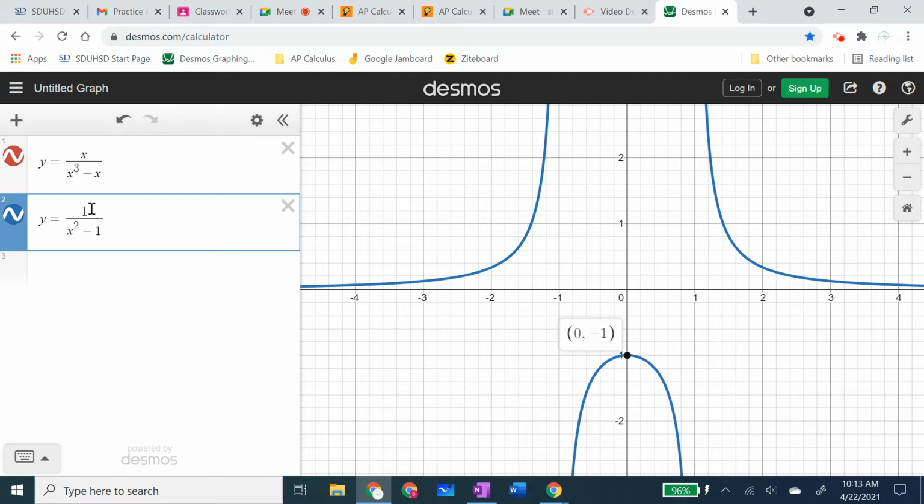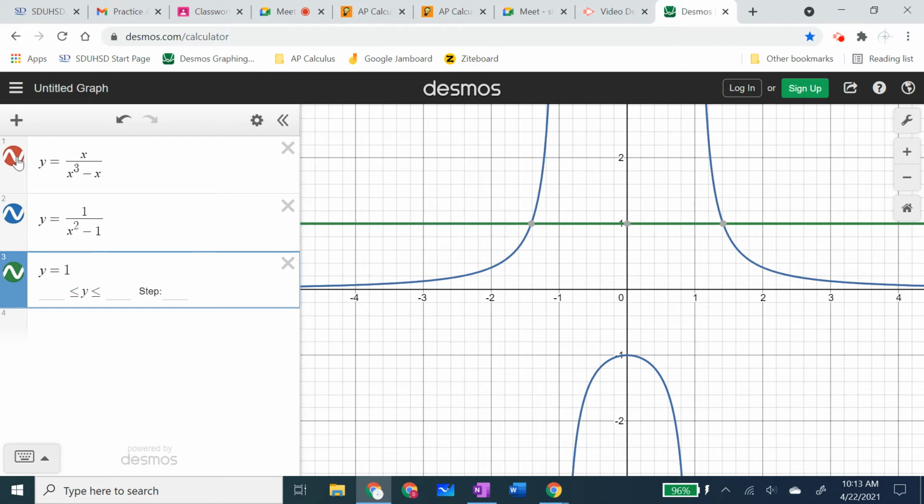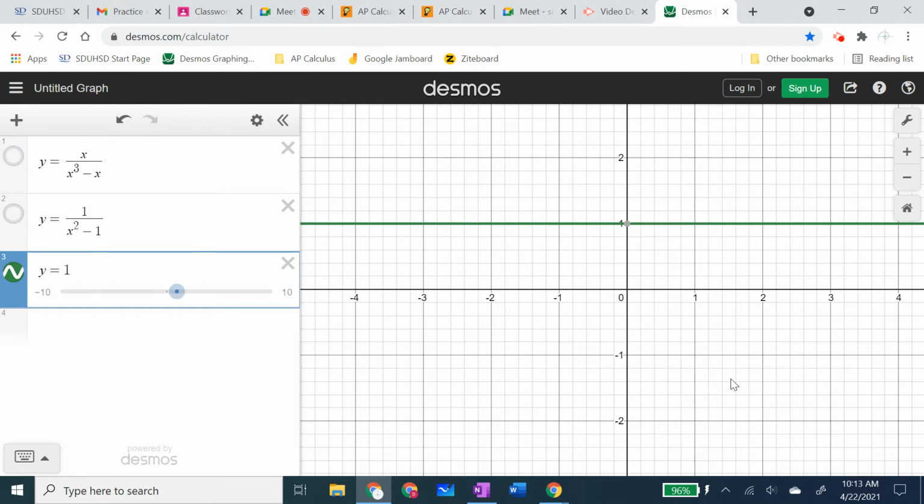And a lone constant, by the way, if you have a lone constant, so in other words, if you just have the function y equals 1, I want you to look at that. Does that have symmetry to the y-axis? This line right here. Is this symmetric to the y-axis? Or is the y-axis a line of symmetry?